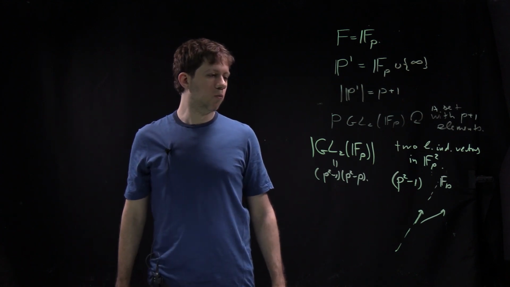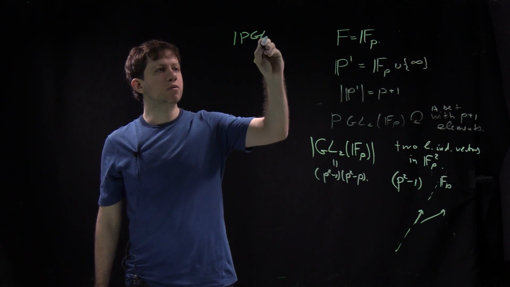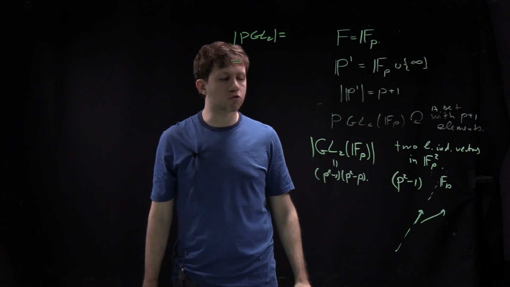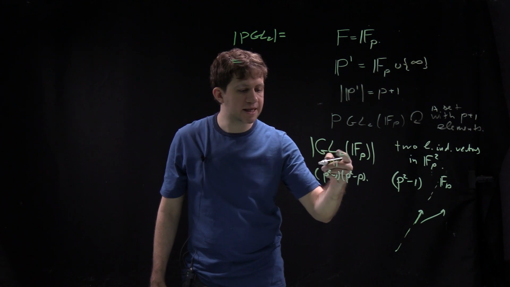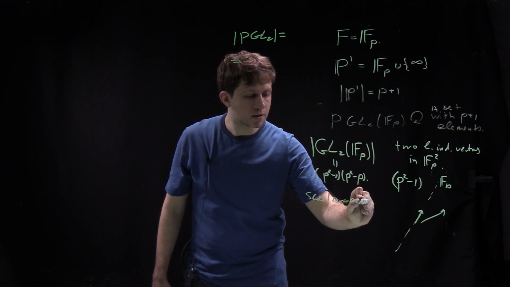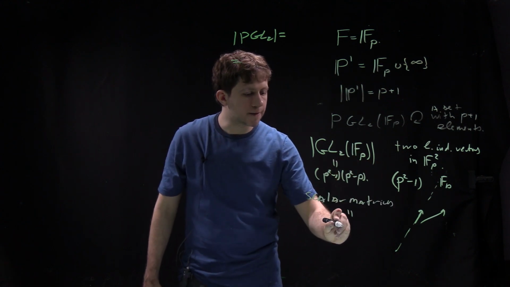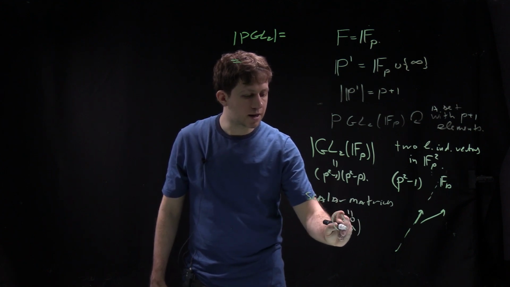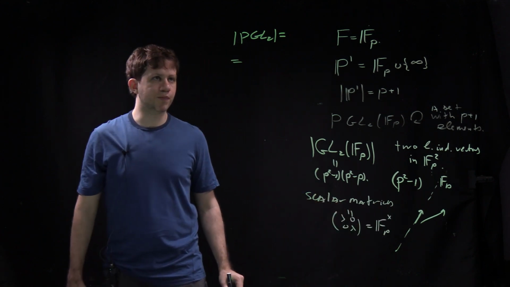Good. What is the order of PGL2? PGL2 is just a factor group. Let's see what the factor is. Scalar matrices are just a copy of the multiplicative group of Fp.